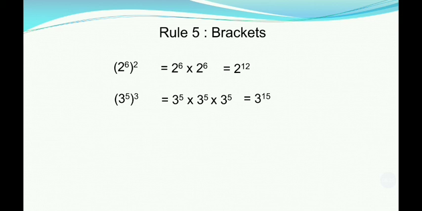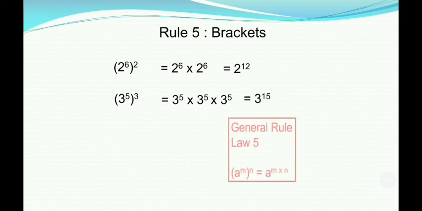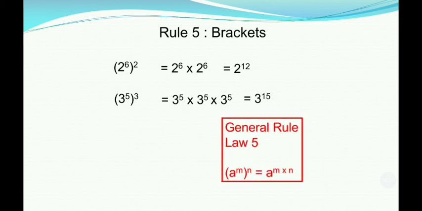Here also you can simply multiply the powers, 5 into 3. So 5 3s are 15. So it will become 3 to the power of 15. So this is rule number 5. In general, we can give the formula as a to the power of m whole to the power of n is equal to a to the power of m into n.